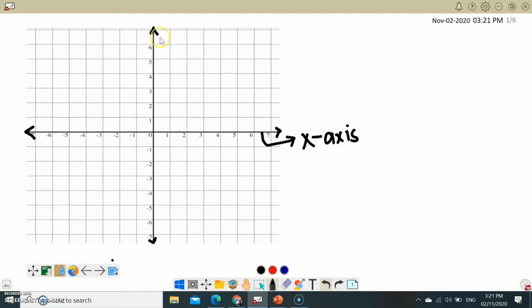The vertical line is what you call the y-axis. Together, they are called coordinate axes. The point of intersection of the coordinate axes is called the origin. So here is the origin.